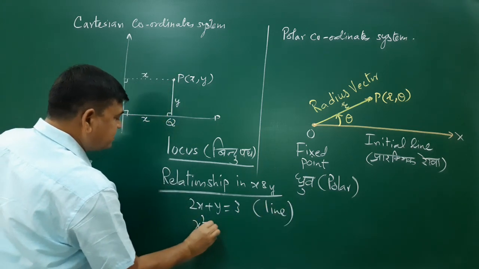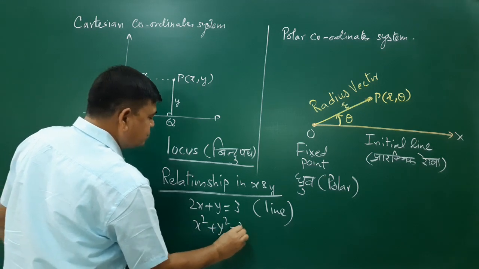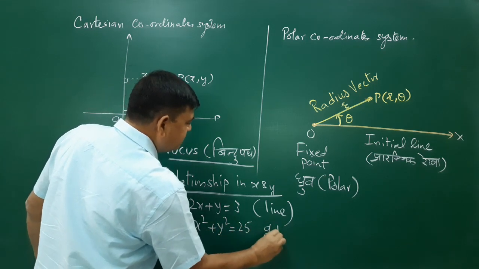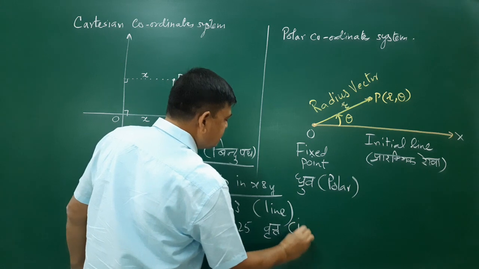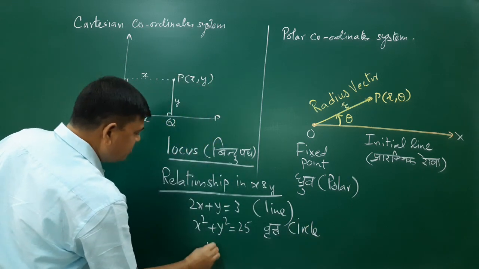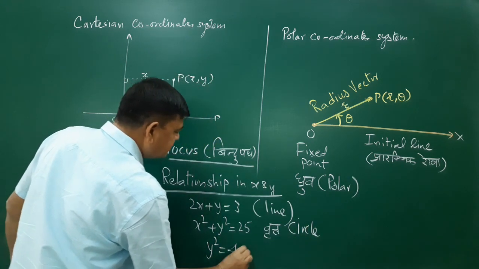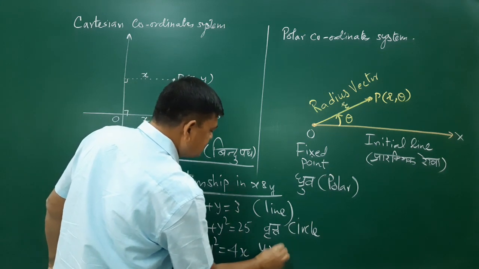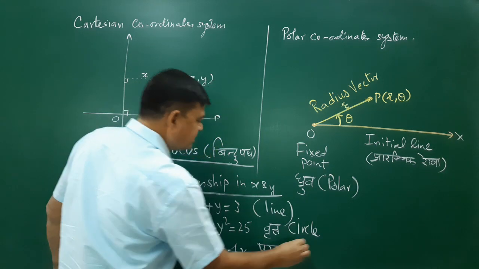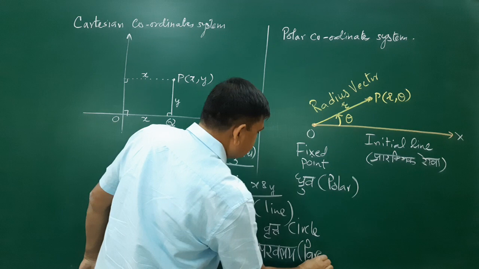Suppose I write x square plus y square equals 25. This you people know, vrat, that is circle. Suppose I write y square equals 4x, then this is a parabola.